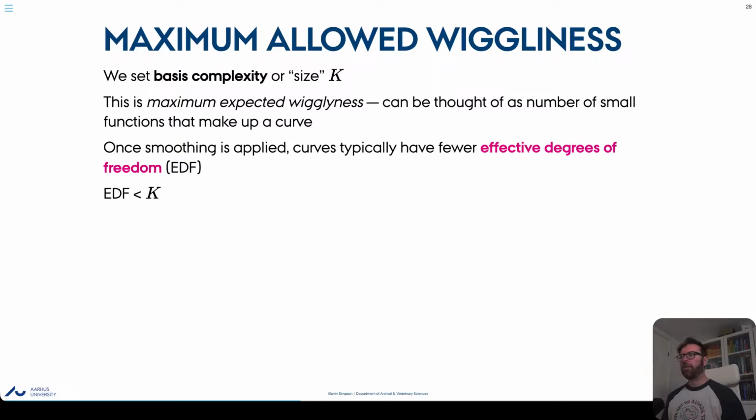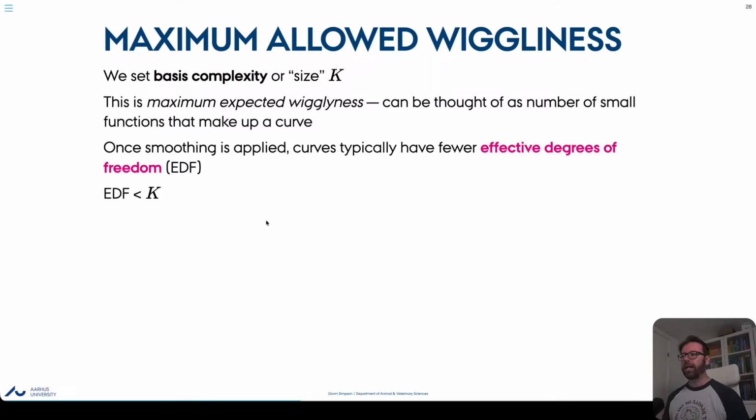But once you've decided on how many basis functions you're going to use, the penalty is going to start to kick in, because mgcv will start off with all that flexibility that all those basis functions allow, but then it's going to start penalizing those things if it needs to.